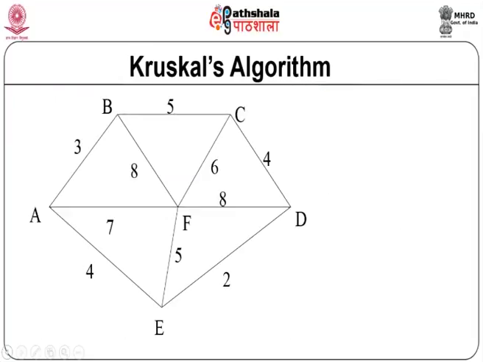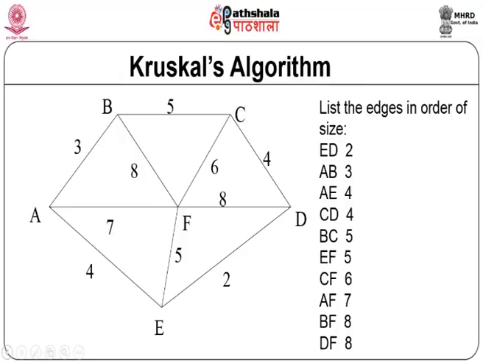So, let us take an example here. We will first take a notional conceptual example, and then we will go a little bit into detail. The first step is to list the edges in order of size.